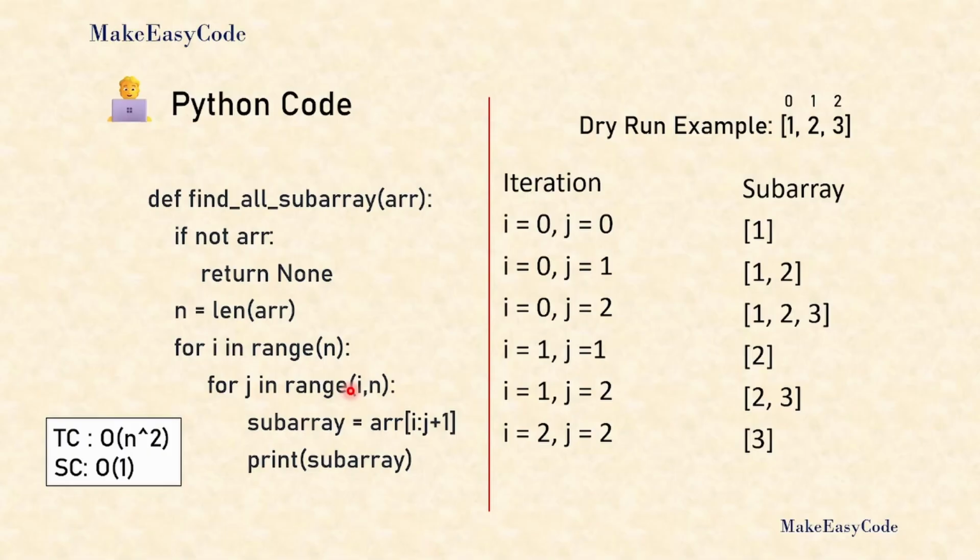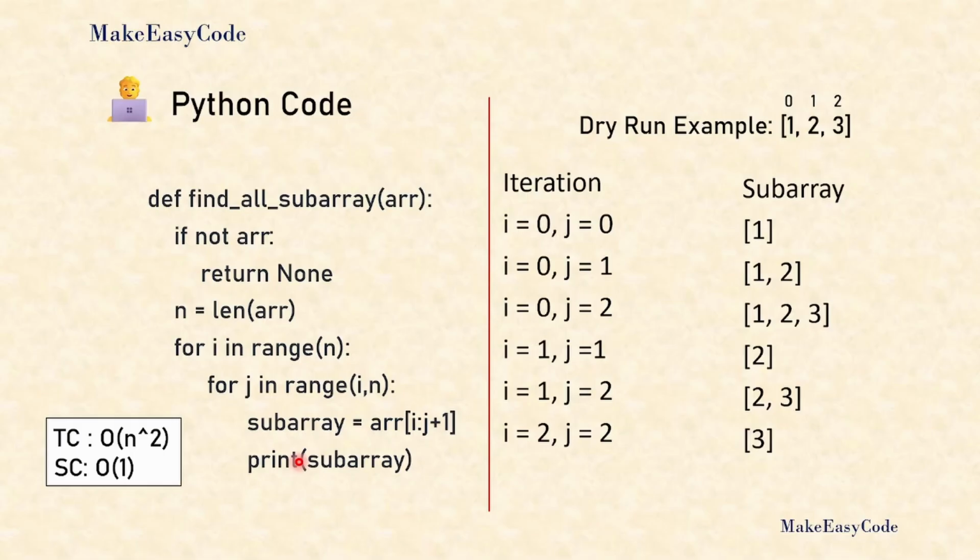So the total number of iterations across both loops will be big O of n square. And the space complexity here is big O of 1 if we are just printing, and if we are storing subarrays in a list, where k is the total number of elements, then it will be big O of k.